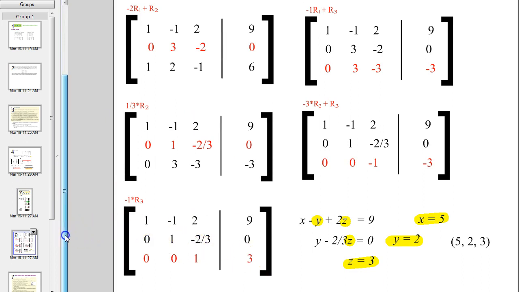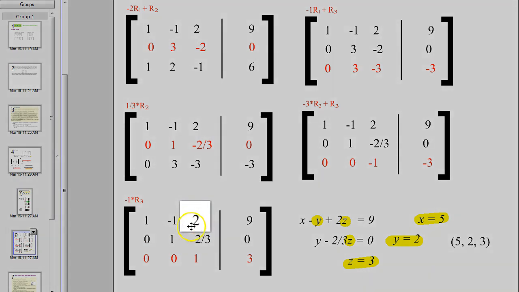Well, what we're talking about today is something called reduced row echelon form, and instead of just 1s on the main diagonal and 0s below it, we're also going to zero out above that main diagonal of 1s, meaning a 0 here, here, here as well.